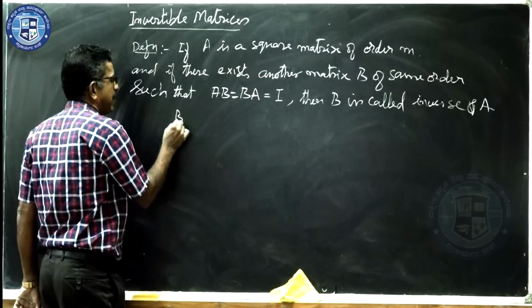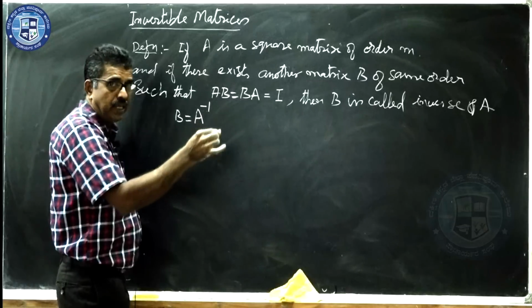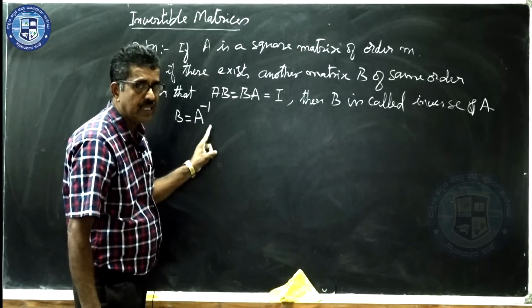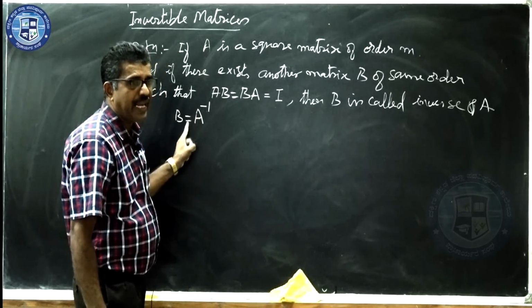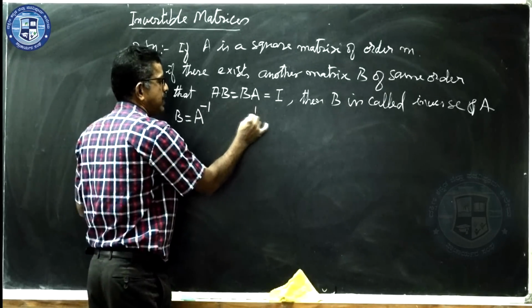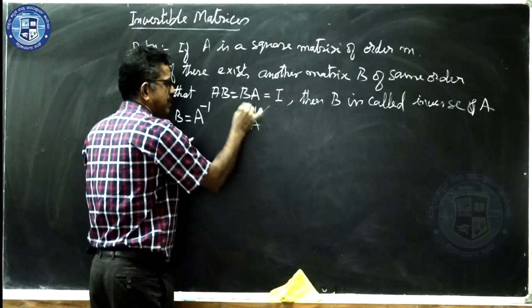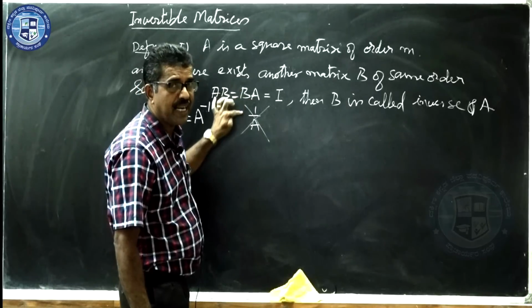And the inverse of a matrix A is denoted with this notation. Please do not have a confusion here. It is not A to the power minus 1. This is the notation, A inverse. You should not write this as 1 by A. That is meaningless. You can't have an expression like 1 divided by any matrix.